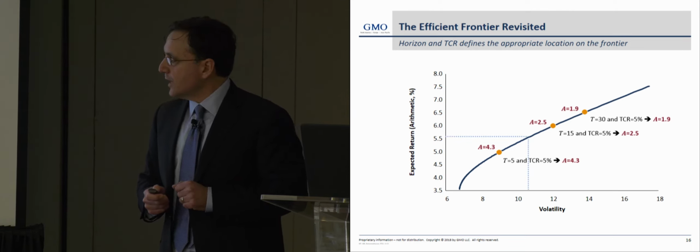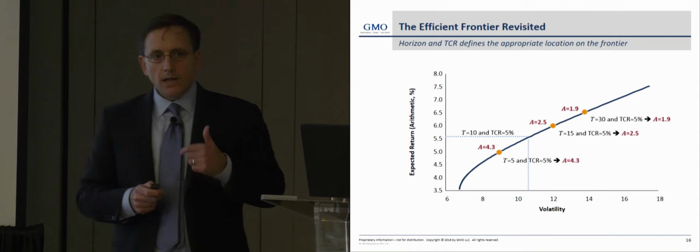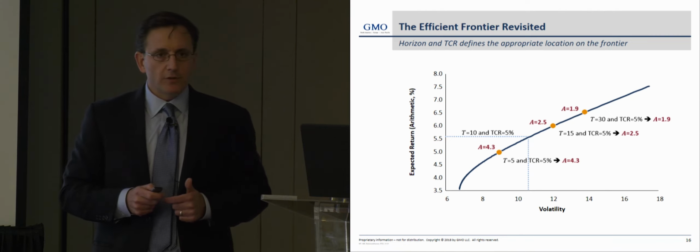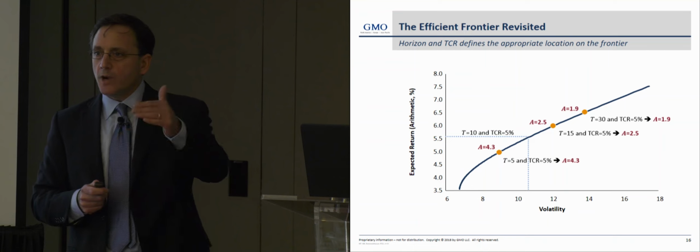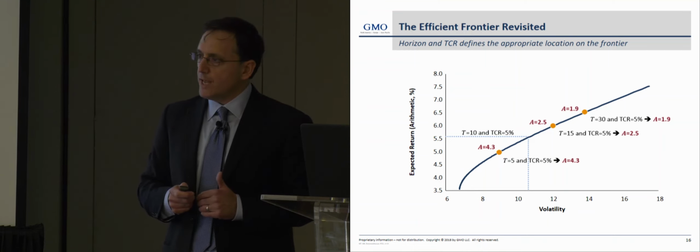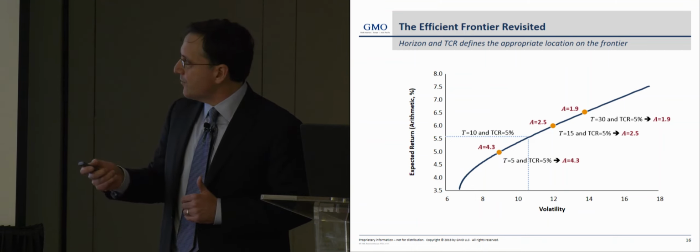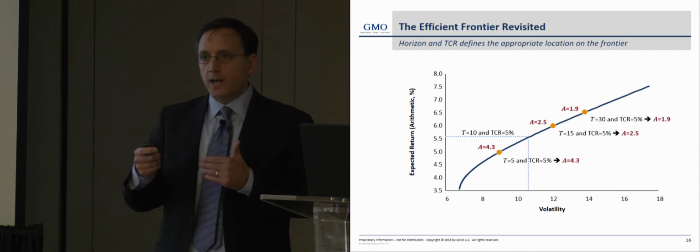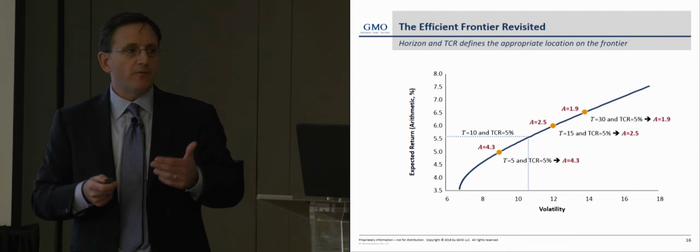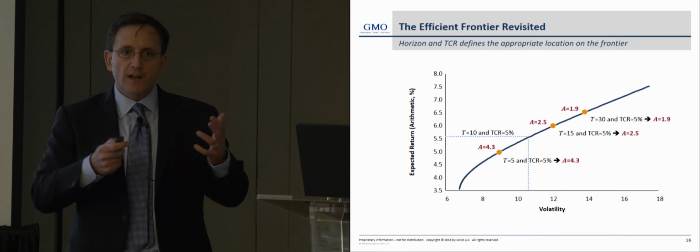Now, you might also say, well, I don't need to specify my risk aversion coefficient. I can just say, I want to compound my wealth at 5%. If you want to compound your wealth at 5%, that corresponds to an arithmetic return of about 5.6% because of the volatility drag.